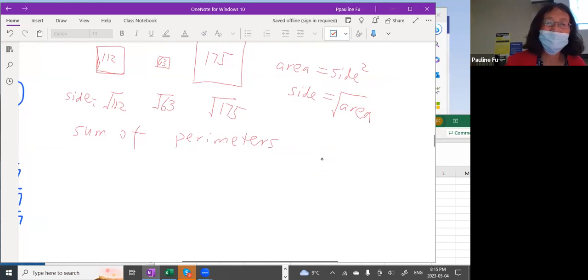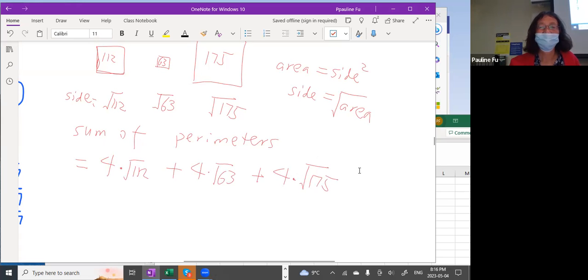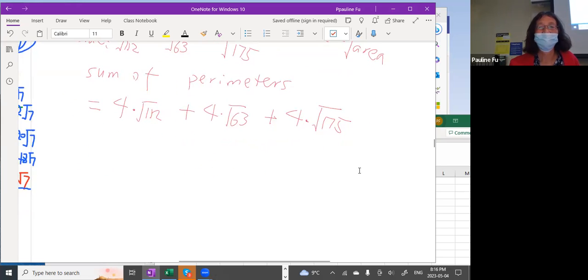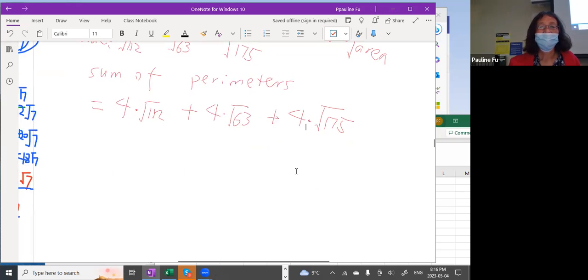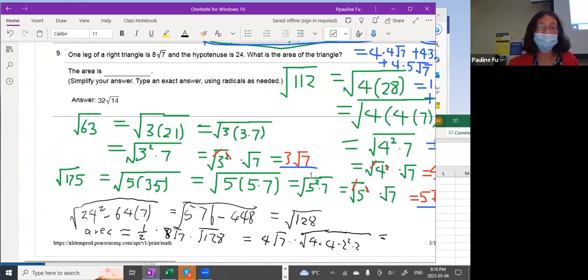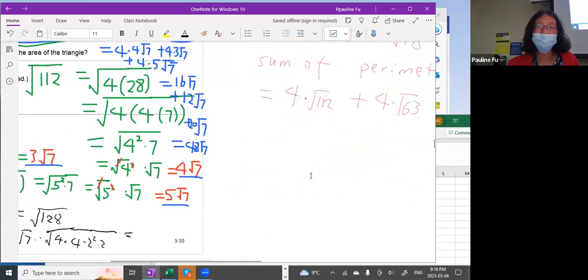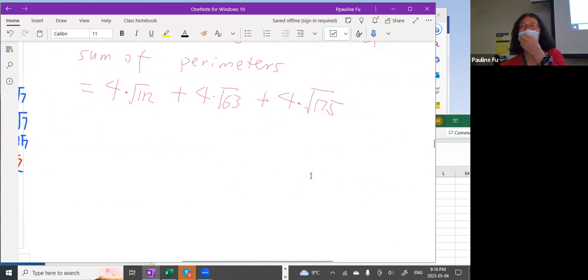So the sum of the perimeters equals, one square has 4 sides, one side is this, 4 times, okay? And then you just need to simplify this expression. So now simplify these radicals.